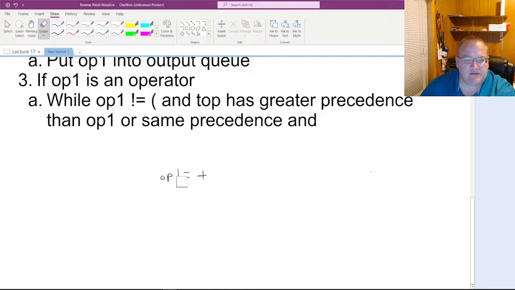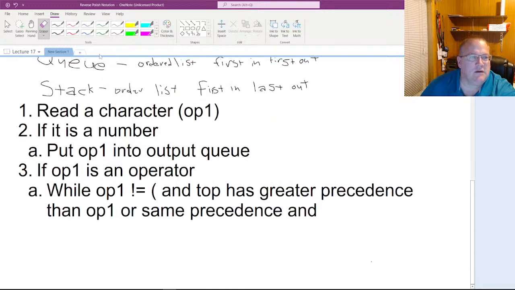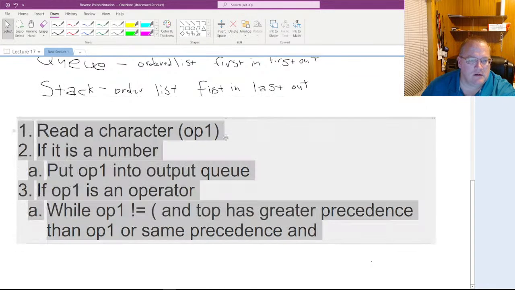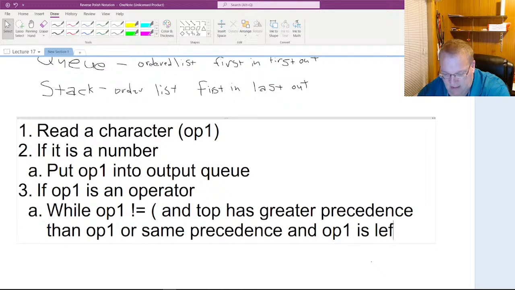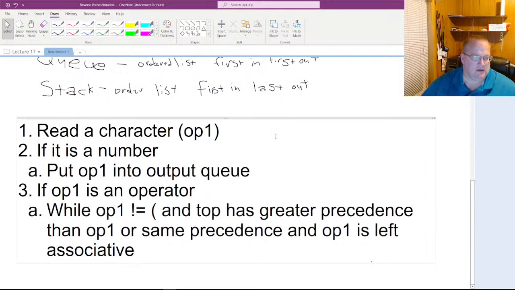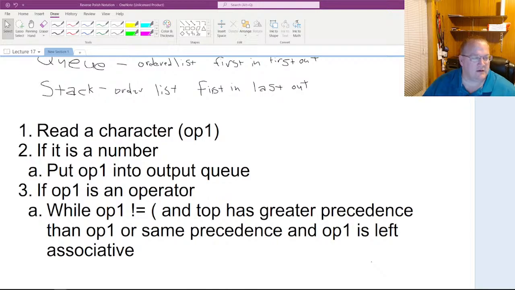Be nice if it would push it down for me. Or same precedence, and op1 is left associative. Okay.